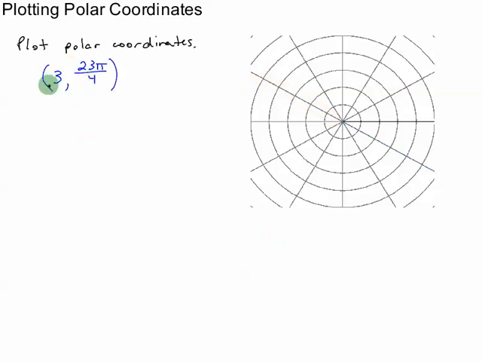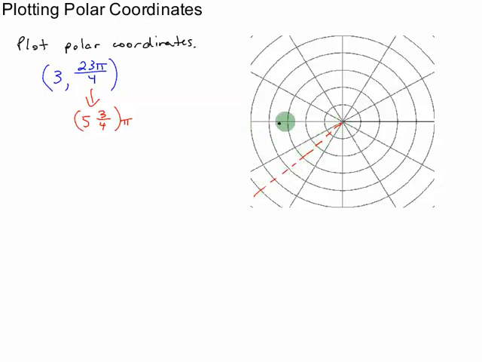Again, r is 3, theta is 23 pi/4, which is the same as 5 3/4 pi. So 5 pi lands over here, and I need to go another 3/4 pi. This axis does not have my 1/4 pi's cut out for me, so my 1/4 pi's, remember, are like my 45-degree angles.